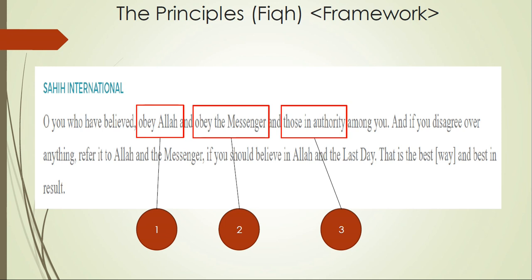But when it comes to certain issues with respect to what Rasulullah has stated, sometimes it is clear because you're looking at that particular problem. For example, drinking of alcohol, right? Or how to pray, you can go and look at the hadith in order for you to get some kind of ruling.